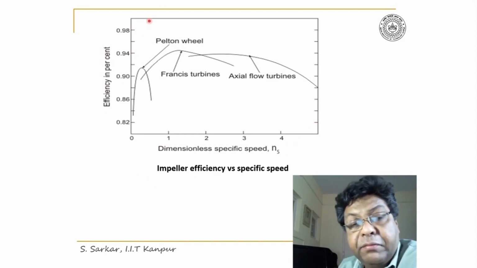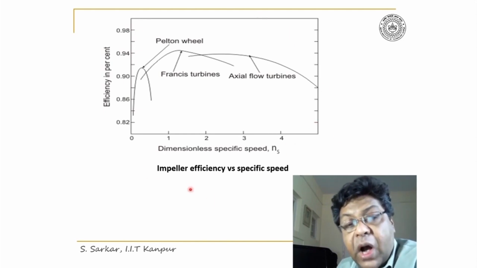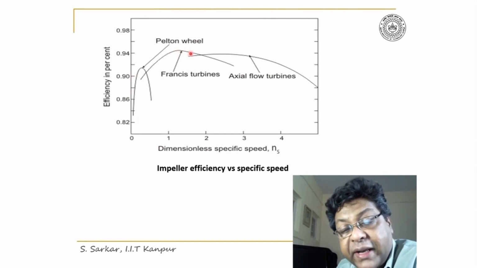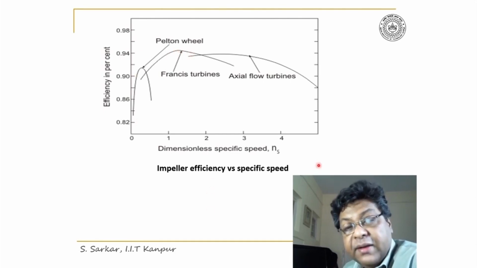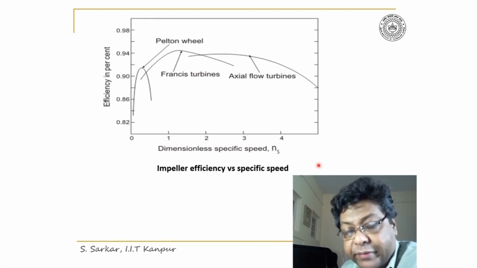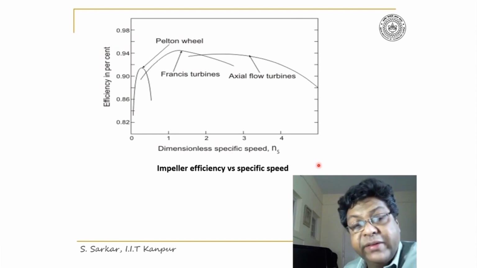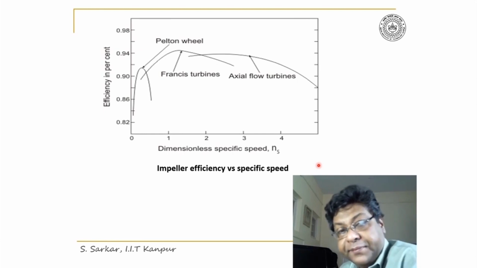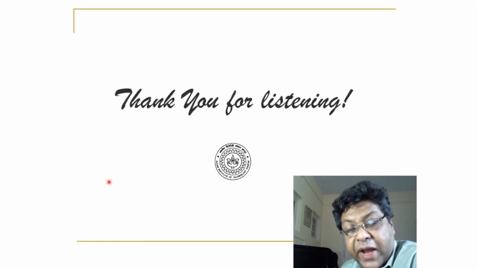Thus, with this figure, one can appreciate how the efficiency changes with specific speed, and one can further appreciate that the Francis turbine and axial flow machine maintain higher efficiency than the Pelton wheel. Thank you for listening.